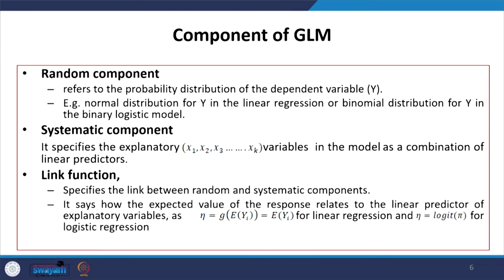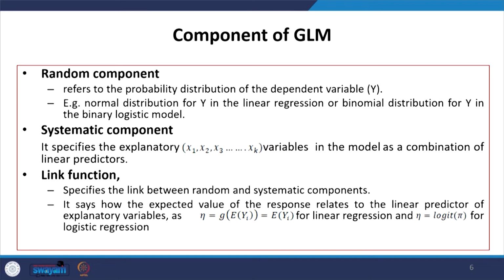The components usually discussed in GLM are the random component, the systematic component and the link function. The random component refers to the probability distribution of the dependent variable, for example, the normal distribution for y in linear regression or the binomial distribution for y in binary logistic regression. The systematic component specifies the explanatory variables, x1 to xk, in the model as a combination of linear predictors.